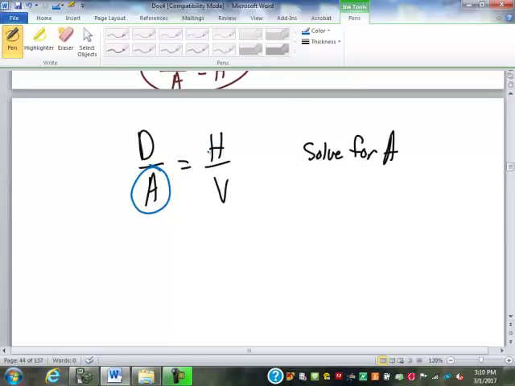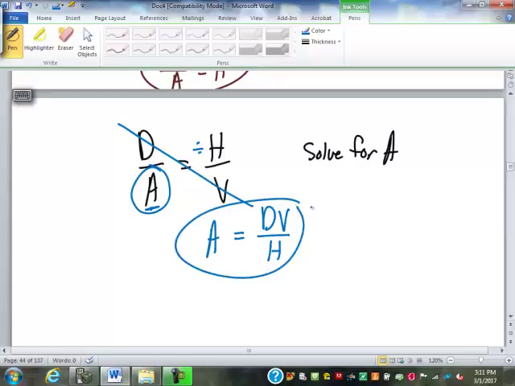So since it's on the bottom of a fraction, in this case it's in a proportion, so it doesn't matter. I can just go ahead and cross multiply and divide. So I'm going to treat it like it's not there. So here's the diagonal that I have the numbers on. DV again, so it's D times V. And I'm going to divide by the H this time. So A is equal to D times V divided by H.